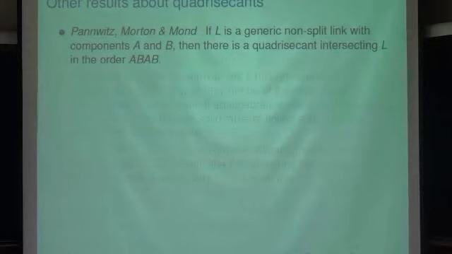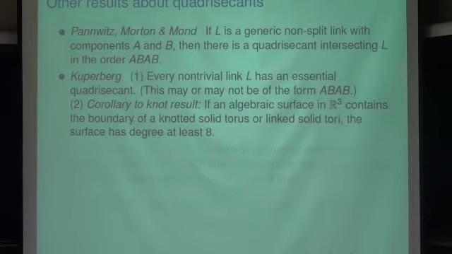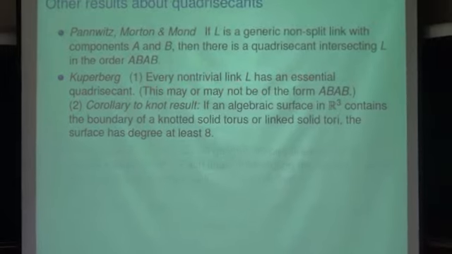Pannwitz, Morton, and Mond both proved that if you have a generic non-split link with two components, then you have a quadrisecant intersecting in the order ABAB. So that's interesting. And then Greg Kuperberg proved that every non-trivial link has an essential quadrisecant.